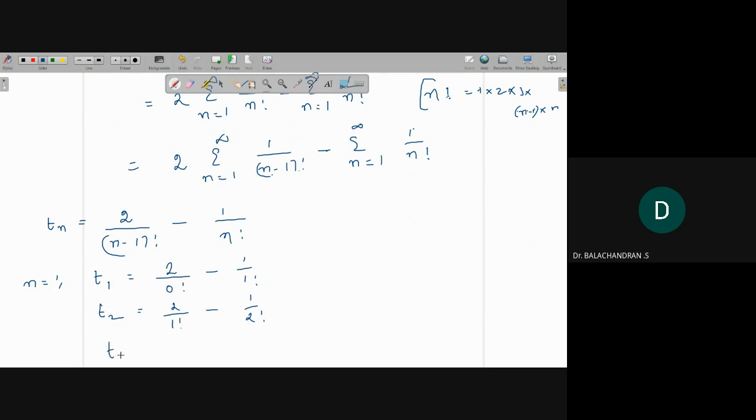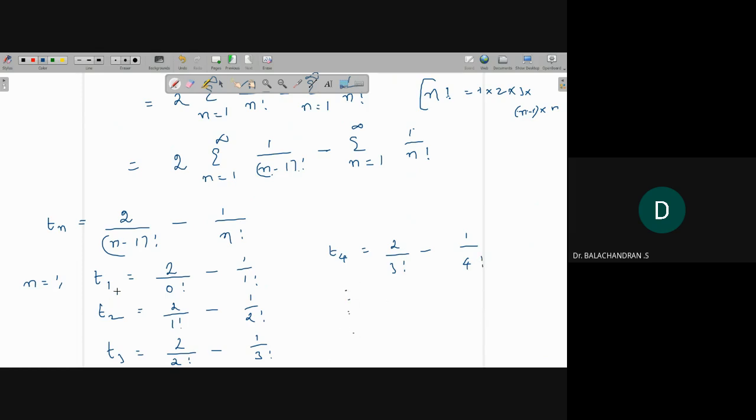T3: 2 by 2 factorial minus 1 by 3 factorial. Okay, I'll write one more term, T4: 2 by 3 factorial minus 1 by 4 factorial, and so on.